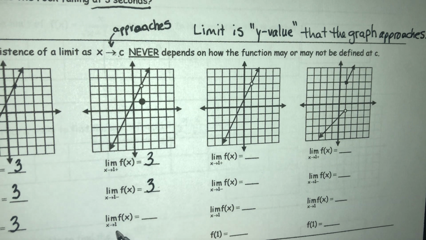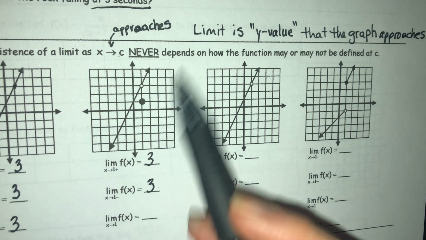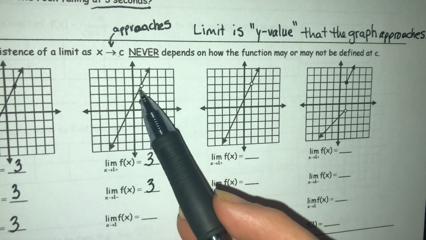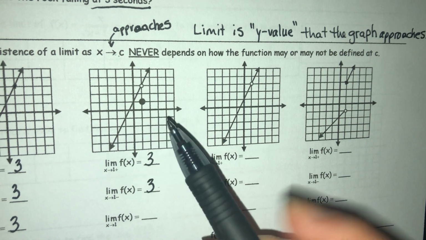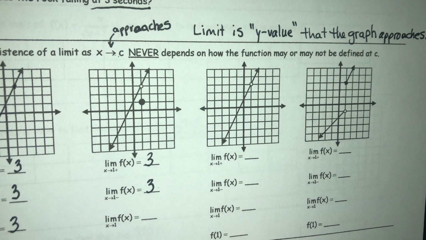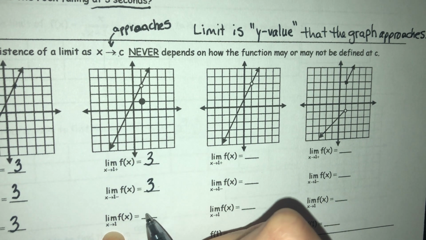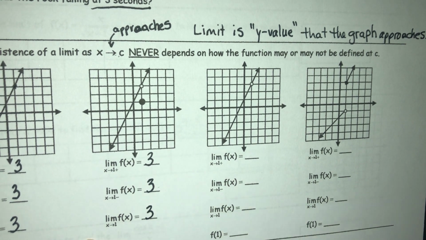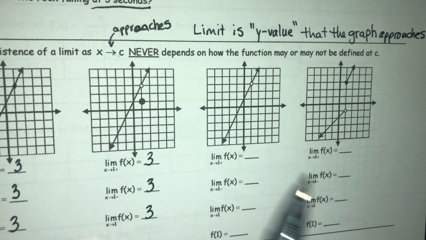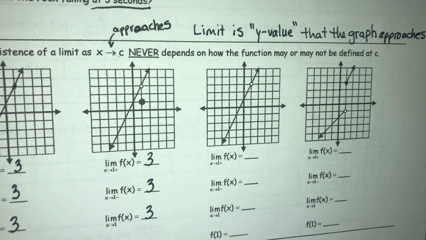Now, what is the limit as x is approaching 1 of the function f of x? If these two numbers are the same, the right-hand limit and the left-hand limit are the same, then the overall limit of f of x is also equal to 3 as x is approaching 1. So far, this is looking very much like our first one, but here's where it's a little different.